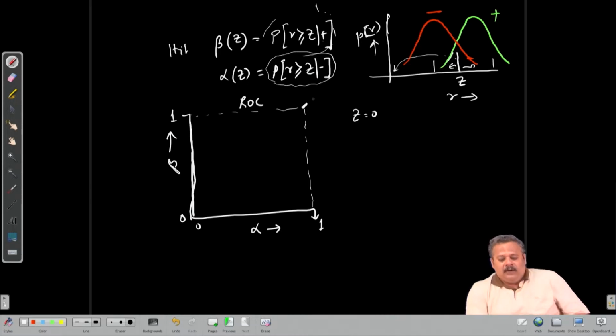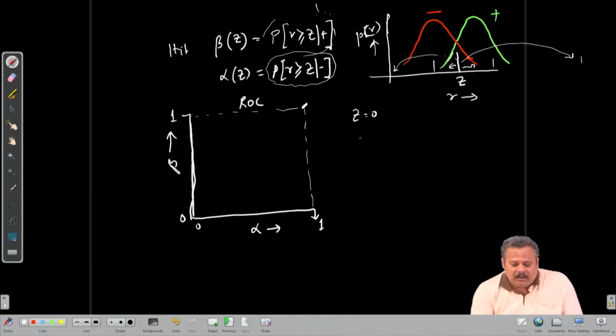Now, if we consider the z to be extremely large or plus infinity, then what we have over here is our alpha of z, that is z equals infinity.